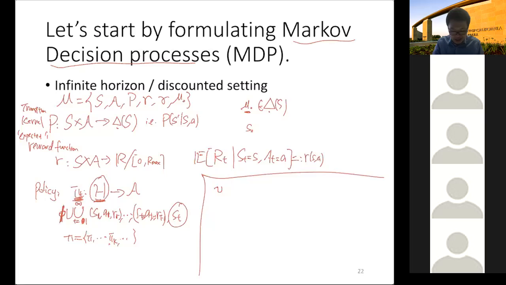Okay, so then let's specify the value of a policy.